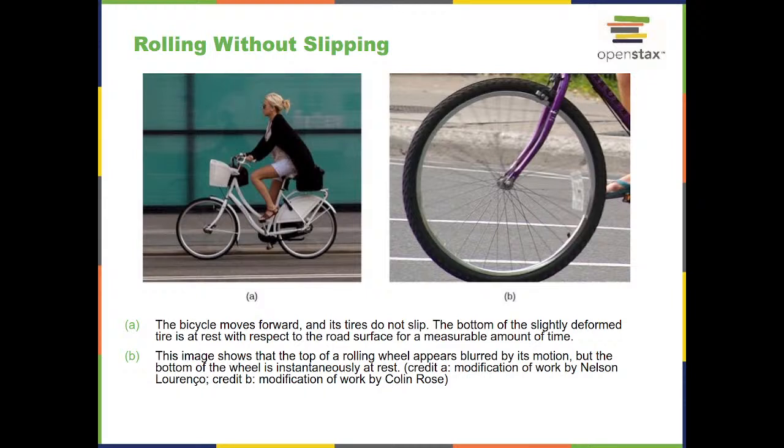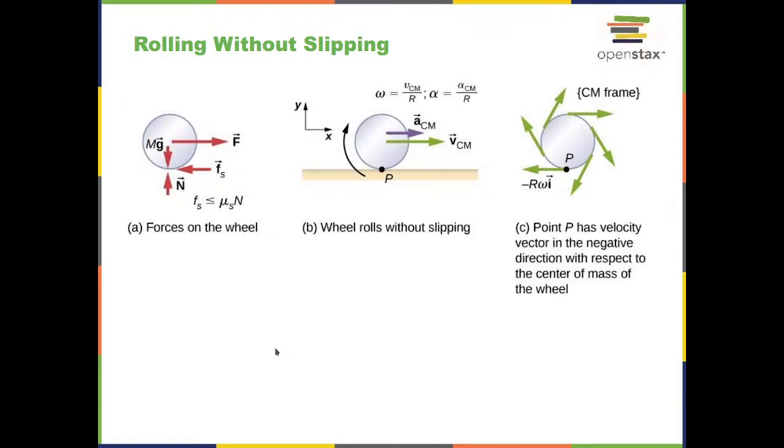So let's look at this schematically. We can write down the forces on the wheel, but we're going to look at that in more detail in a second. So let's skip to panel B, which is looking at the velocity of the center of mass for a rotating disk.